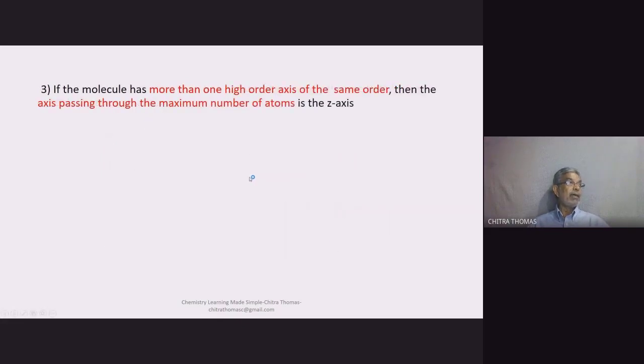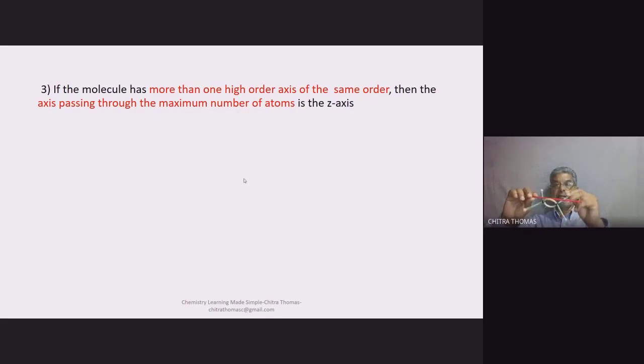If the molecule has more than one higher order axis of the same order, then the axis passing through the maximum number of atoms is the Z axis. Read that once again. So this is the ethylene molecule. In this ethylene molecule, this is one symmetry axis.